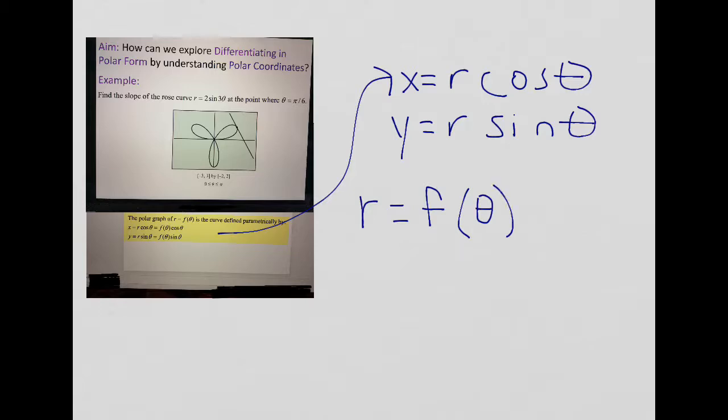So we can consider that r can also be replaced with f of theta, as you can see over here. These are our main expressions, and this is what's going to be helpful when we have to take a derivative. Okay, so let's take a look at this example. Let's call this example 1.